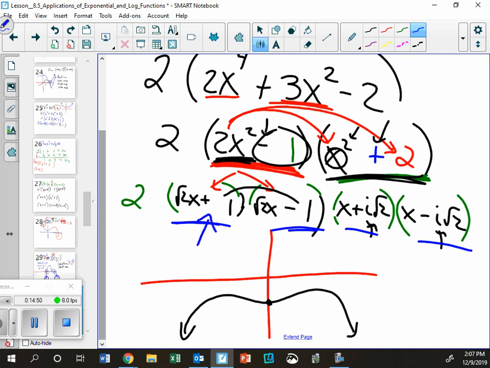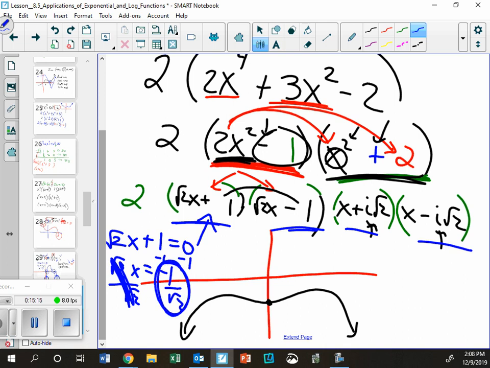These can be solved to tell me exactly where it touches. And where does it touch? Wherever root 2x plus 1 is equal to 0. Subtracting 1, root 2x equals negative 1, divided by root 2, divided by root 2. That's where it touches.